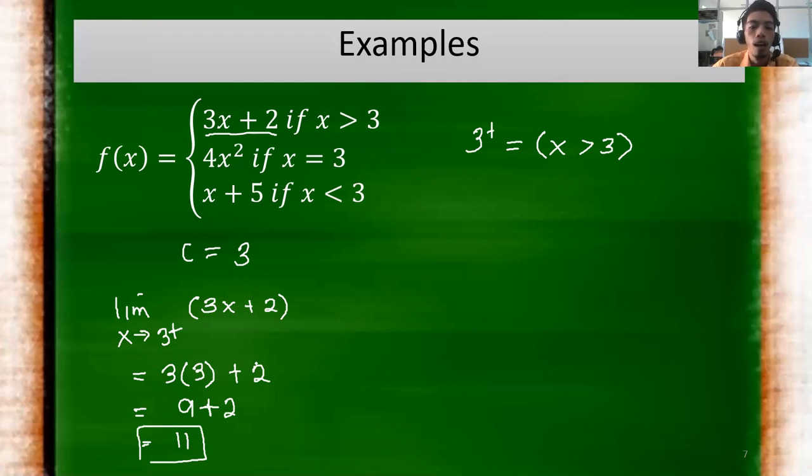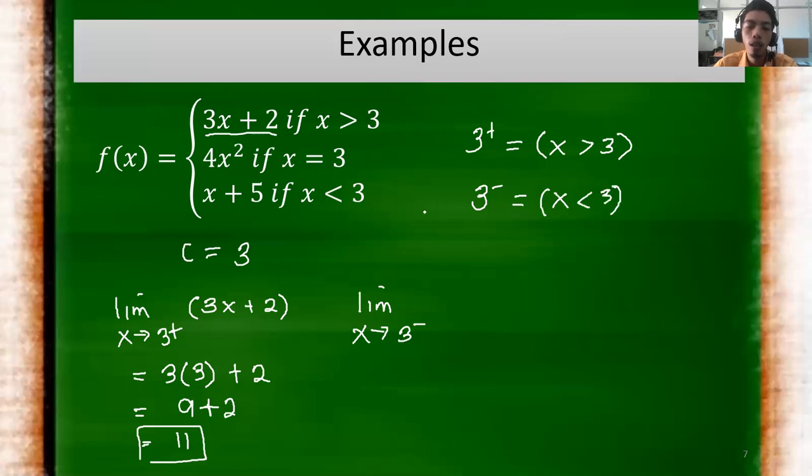Okay, now, how about the left-hand limit? So, we are going to identify or to solve for the limit as x approaches 3 from the left. Now, kapag naman 3 from the left, we are going to find the condition that is x less than 3.